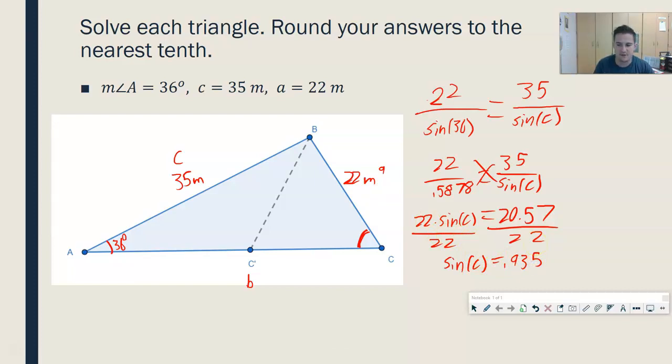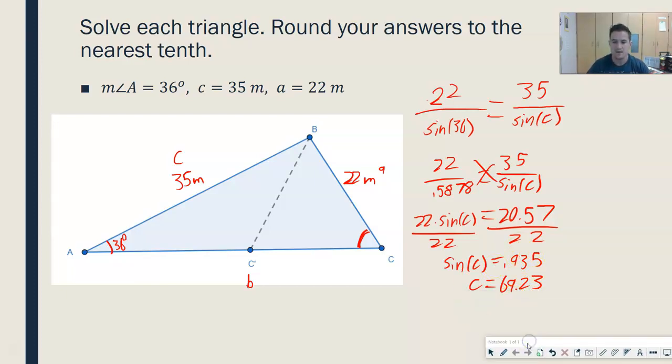And then the inverse sine of 0.935, when I take my inverse trig functions to solve for the angles, I'm going to get C equals 69.23 degrees. So this angle right here is 69.23 degrees.